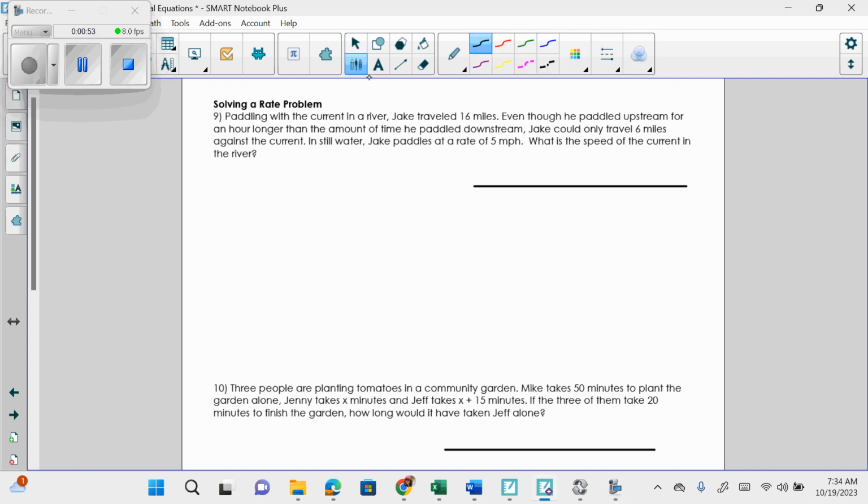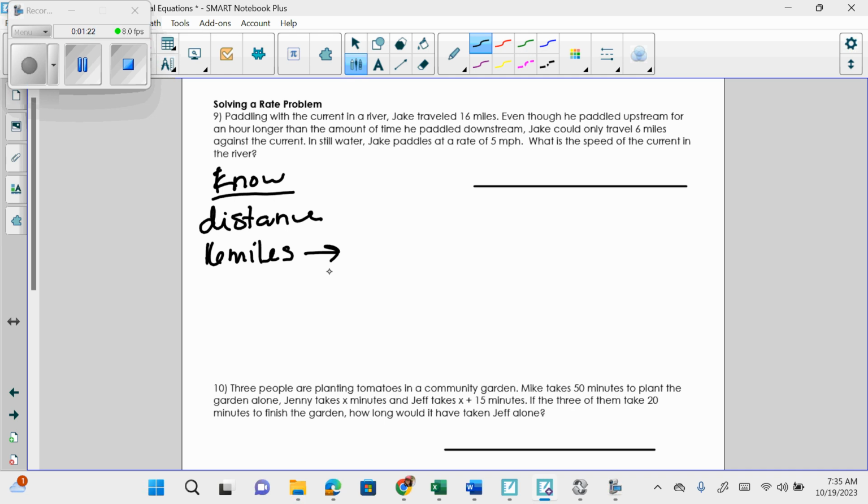So let's think about what we know here. We know distance, right? We know that Jake traveled 16 miles with the current. I'm going to put a direction to the right for with the current.